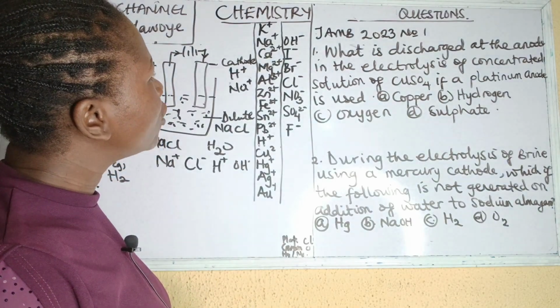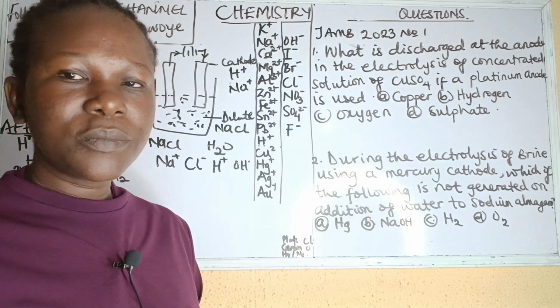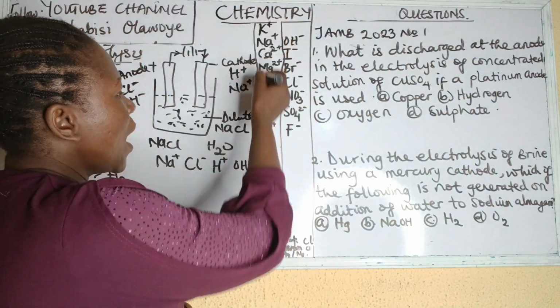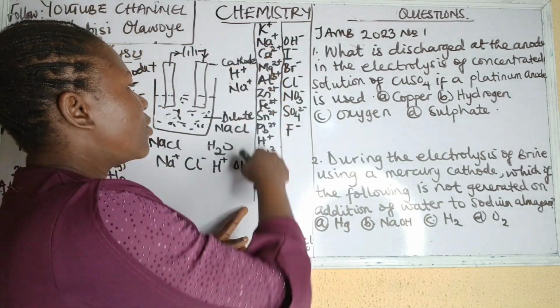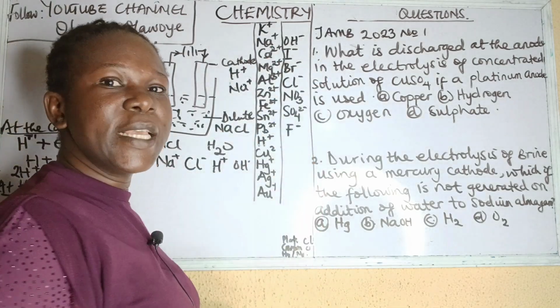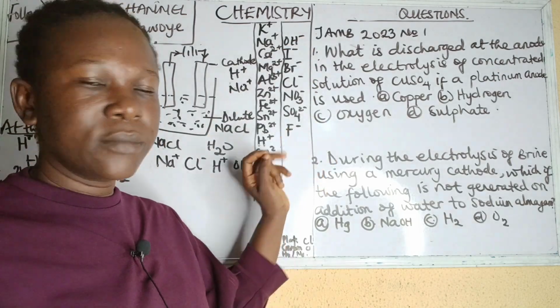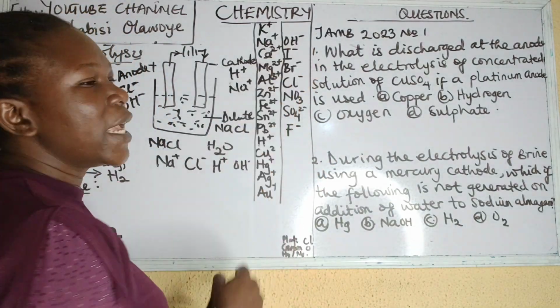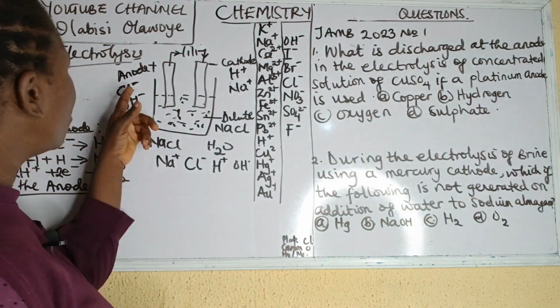The least electronegative is hydroxide ion. Please don't forget that the way I do this is different: electropositivity decreases down the group, but for the electronegative series here, the electronegativity increases as you go down. So in this case, hydroxide ion is the least, and it will be discharged in preference to chloride ion.